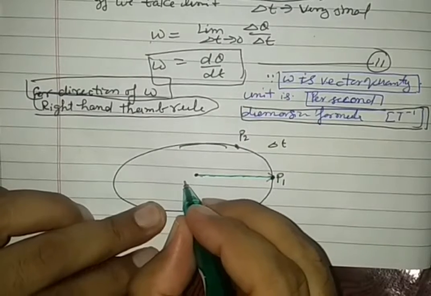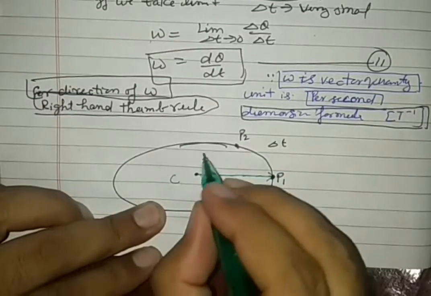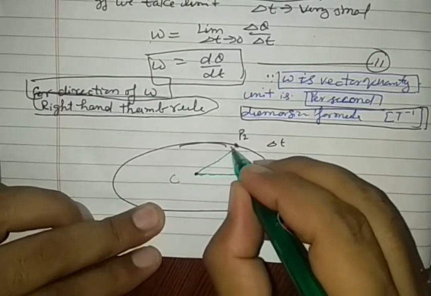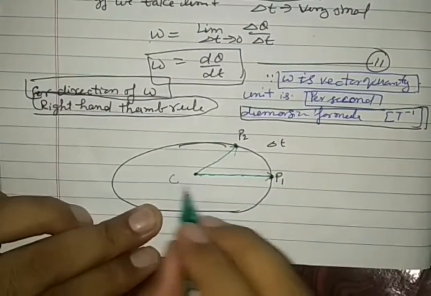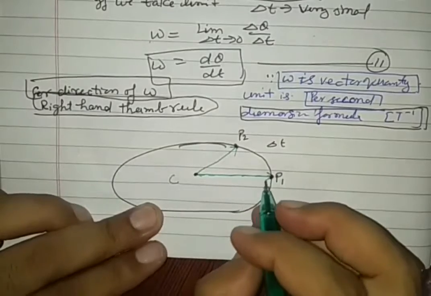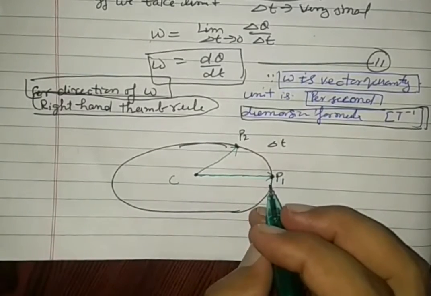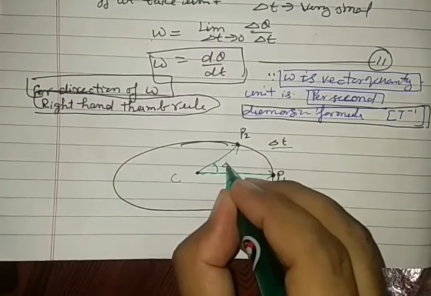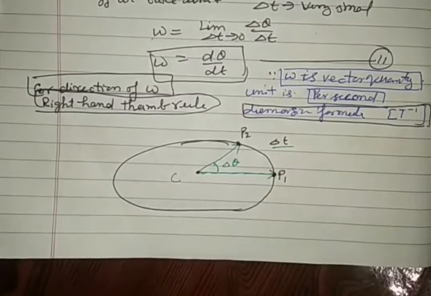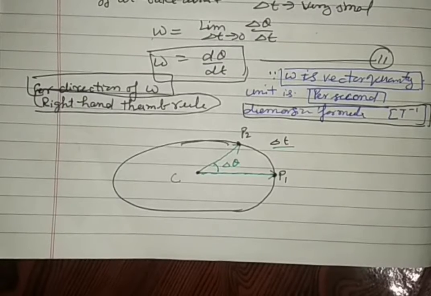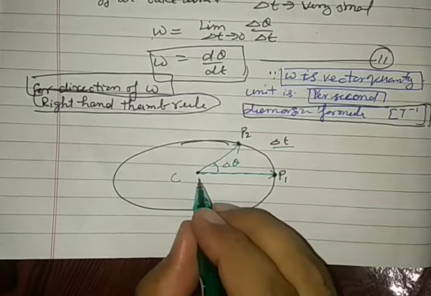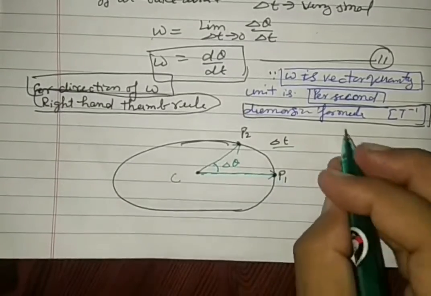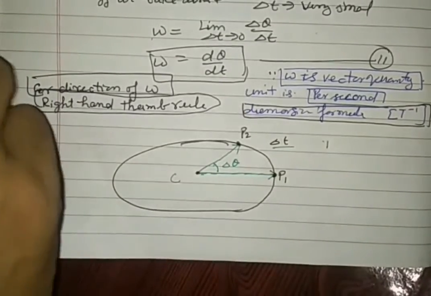Let this point be C. Now it moves from P1 to P2. The position vectors CP1 and CP2 are both here, and in delta t time it travels delta theta. In this case, the two position vectors are CP1 and CP2.